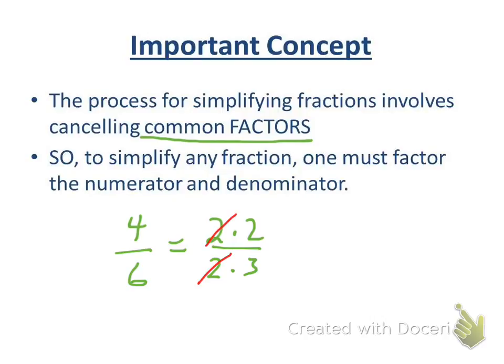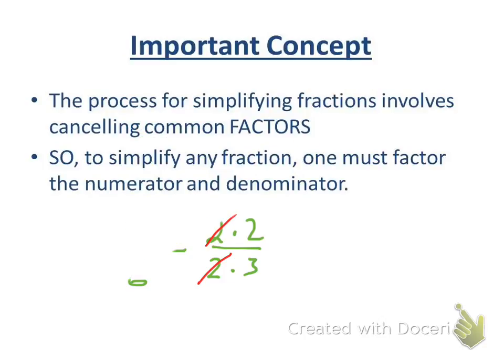You guys are kind of used to thinking about the process differently, but what we're doing is canceling a common factor of 2. Your elementary teachers probably said you're dividing the top and bottom by 2. Well, that's the same as canceling a factor of 2. It's just that division doesn't translate into algebraic things.